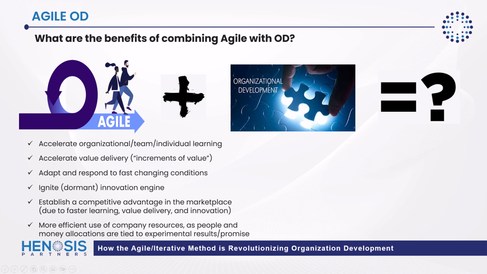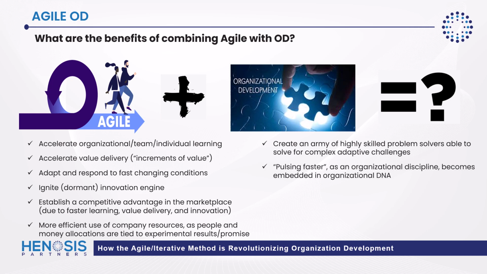Yet another benefit of combining Agile with OD is that we create an army of highly skilled problem solvers that are able to solve for complex adaptive challenges. And over time, pulsing faster as an organizational discipline becomes embedded in the organization's DNA. Further, better solutions are typically proposed and implemented due to Agile's learn-by-doing approach.